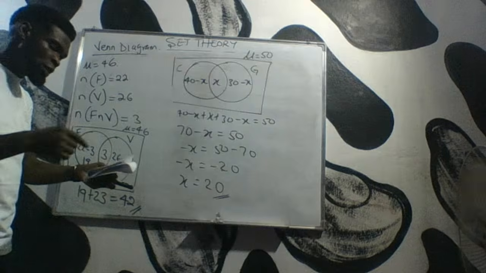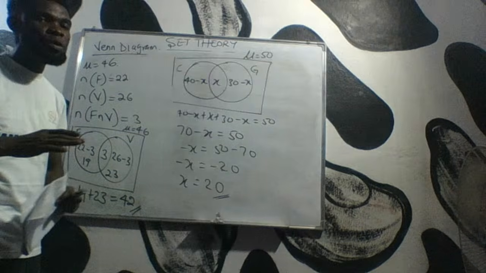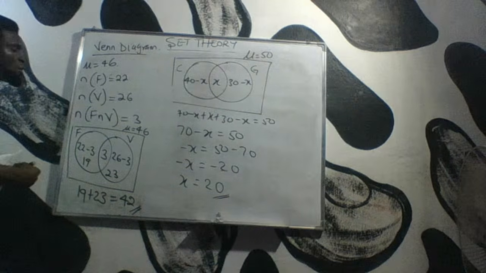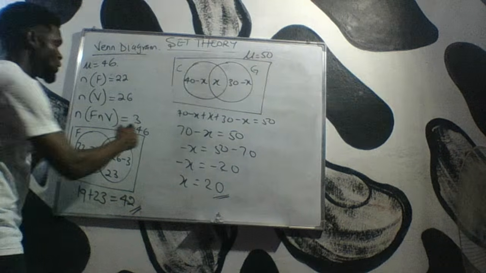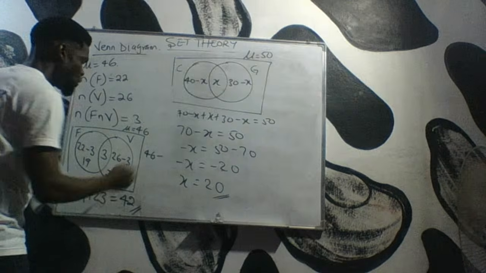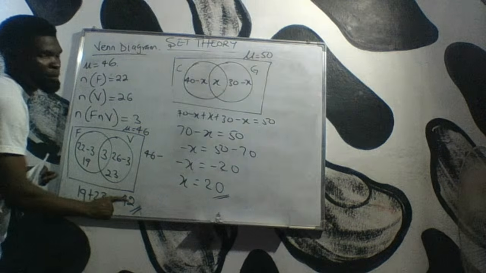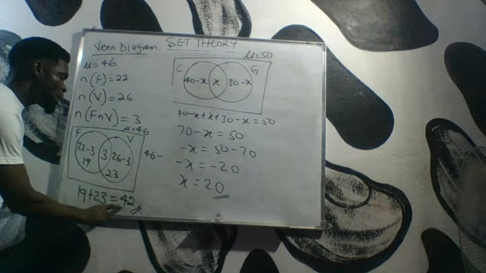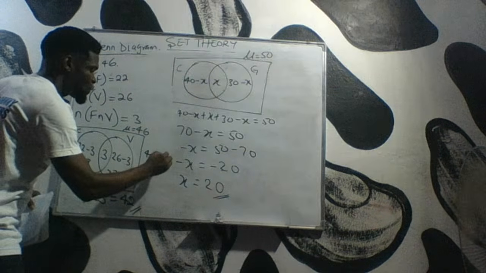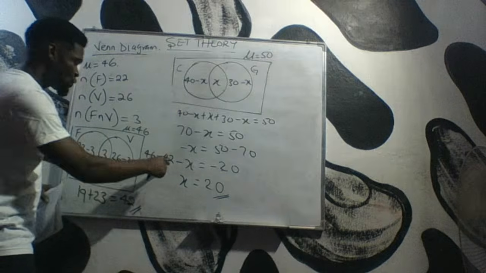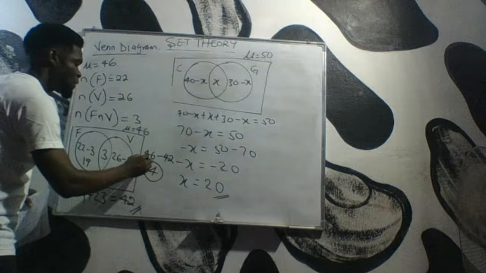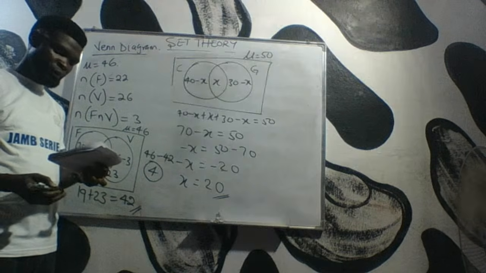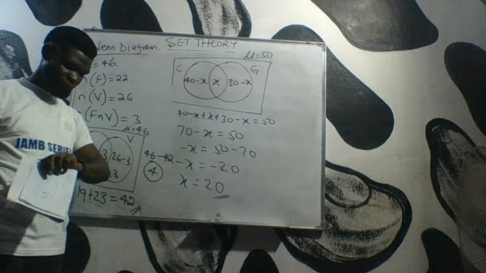Now, how many students play neither? 46 minus the number that participated in the sport, which is 42. So 46 minus 42 will give you 4. Therefore 4 students play none of the games. And that is option G.